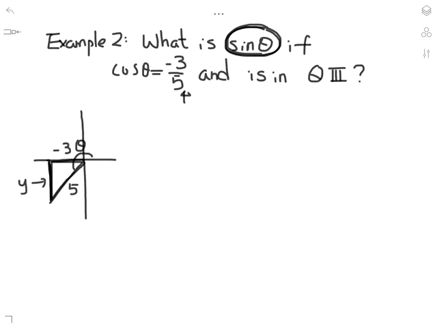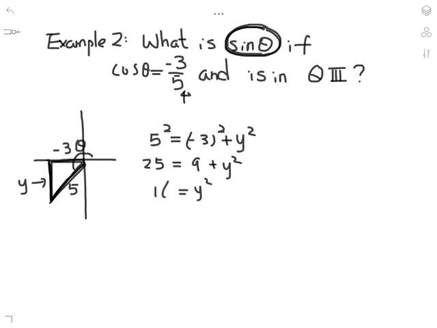I'm going to use the Pythagorean theorem, a squared plus b squared equals c squared. So 5 squared equals negative 3 squared plus y squared. That gives me y squared equals 16. So that means my y is going to be 4.